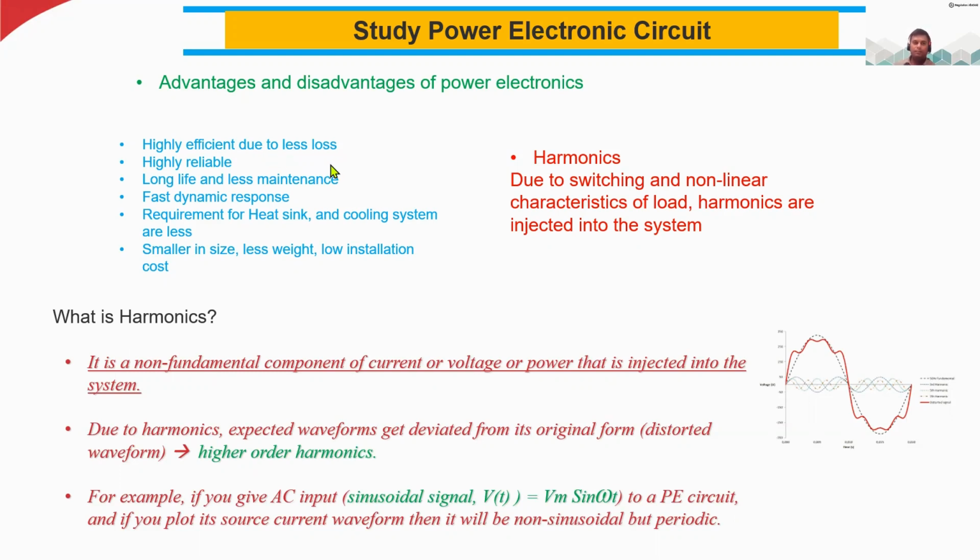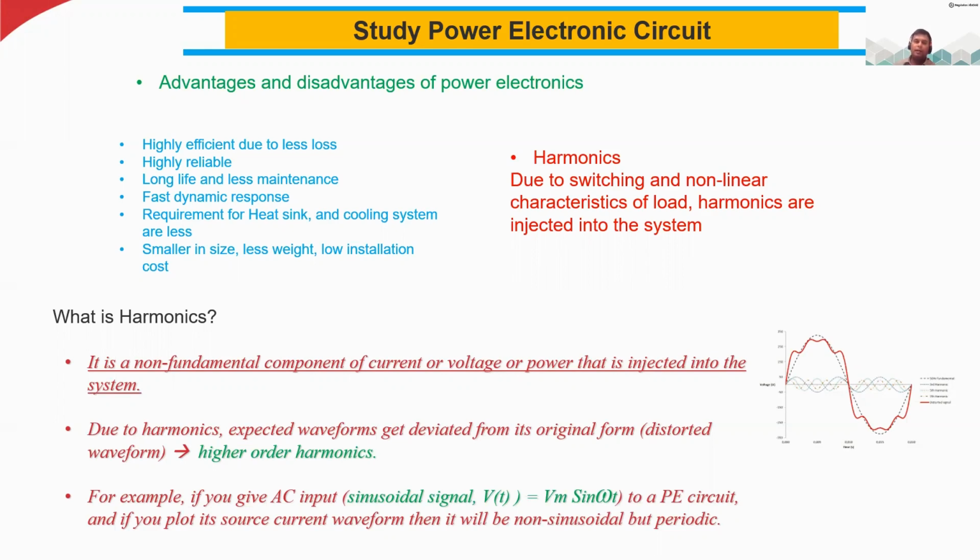These devices are highly reliable, and they have a long life and less maintenance. Once you install the device in the circuit, you do not really need to worry about its damage or lifetime, or whether it will break because of extra reverse breaking voltage and so on.